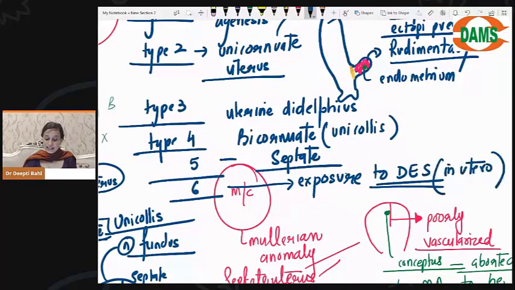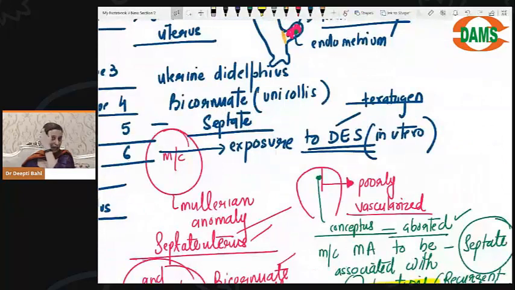So DES is a teratogen. Diethylstilbestrol is a teratogen. If it is given to a pregnant female, it will cause certain problems in the fetus, and it definitely causes problems in the uterus of the fetus if it's a female baby.